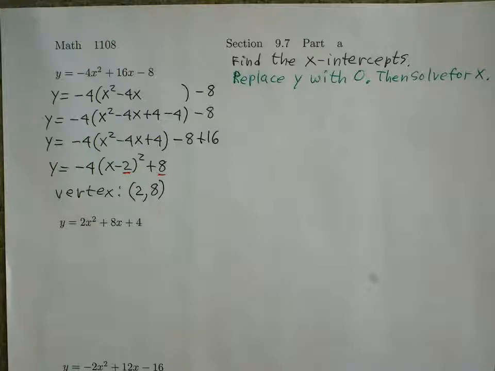So this is one of those little details that, if you remember, can save you a lot of grief when taking tests and quizzes. It's just a small detail, but it's a very important one, it turns out. So when we want to find the x-intercepts, why do we replace y with 0 and then solve for x?